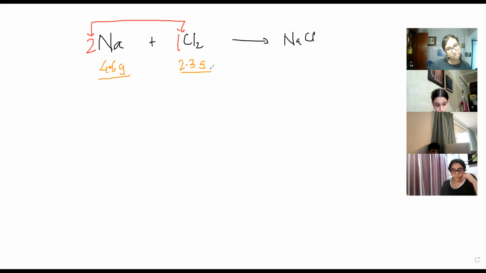That's absolutely incorrect. Is it according to the ratio? Is there a 2:1 ratio there, 4.6 to 2.3? It's half, yes. But remember that this is the mole ratio, mole, not the mass.